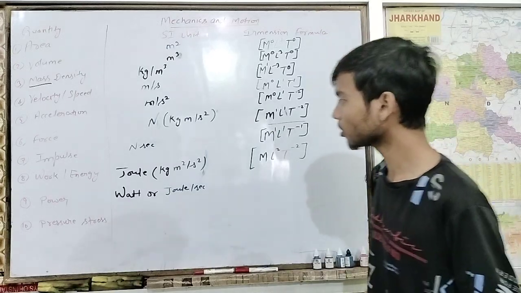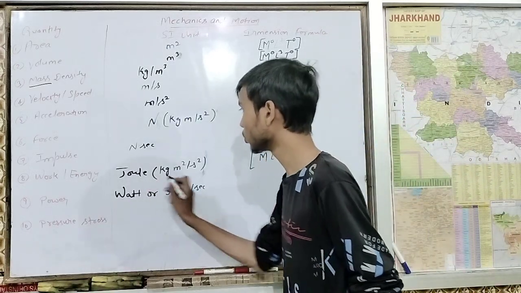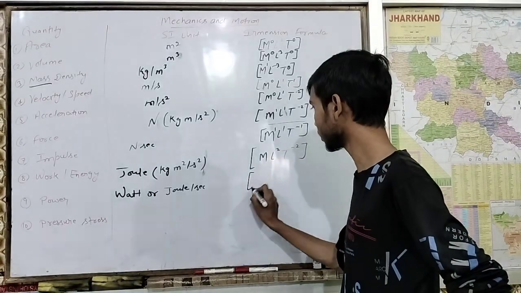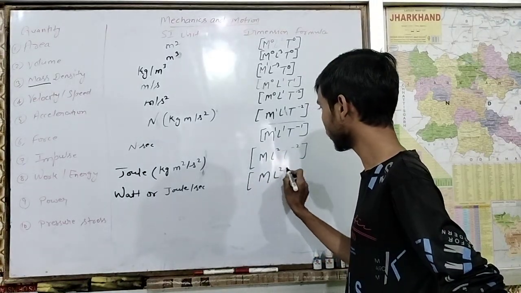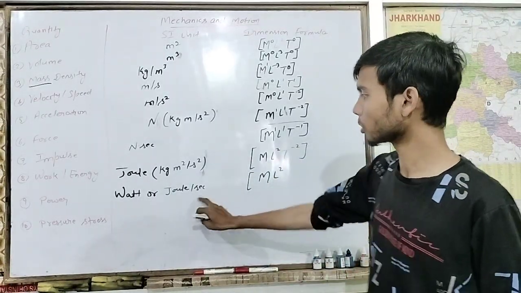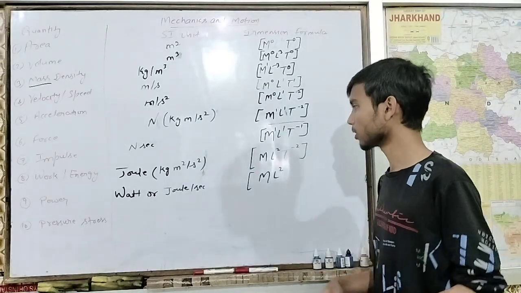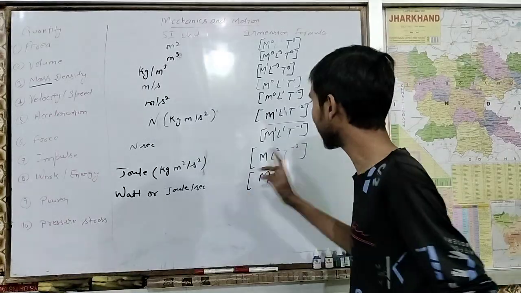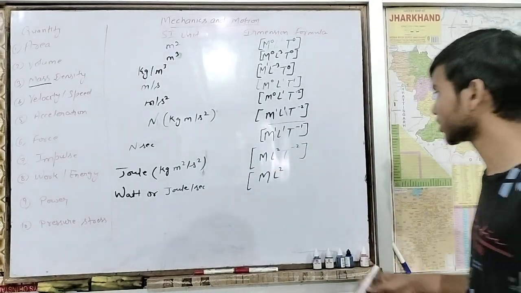We know the dimension formula for joule is just this. We will write this M, L, but we will stop here because the second is over here. So here 1 is in the denominator, so minus 1 and minus 2 will become minus 3.